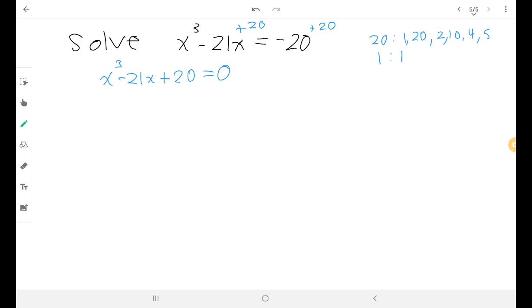Factors of 1 are just 1, so that's nice. So possible factors are plus or minus 1 over 1, plus or minus 20 over 1, which is just 20, plus or minus 2 over 1, or just 2, plus or minus 10 over 1, plus or minus 4 over 1, plus or minus 5 over 1.